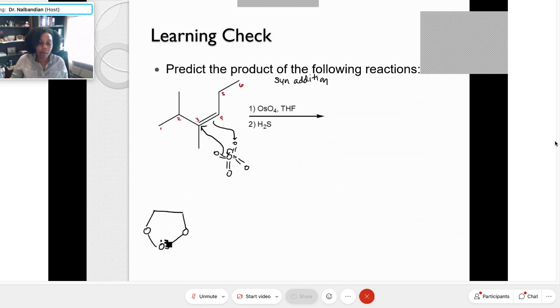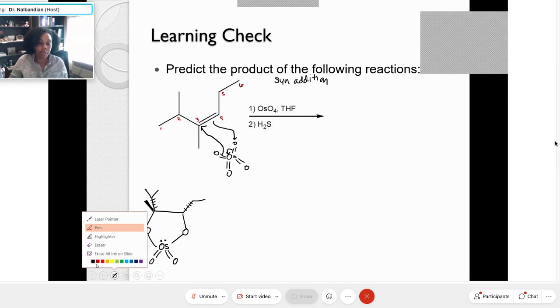Down below, I'm going to put a lone pair on the osmium and then another double bond. Osmium can hold more than an octet. It's fine. So exact same way that I was doing it before.